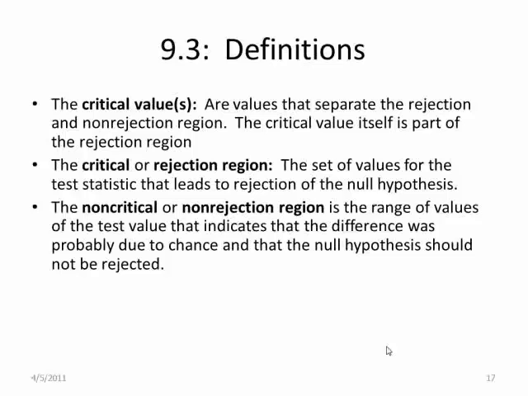The critical region or the rejection region is a set of values such that if your test statistic falls into the rejection region, then you will reject the null hypothesis.